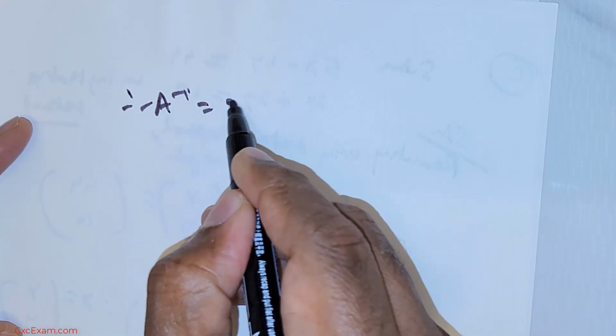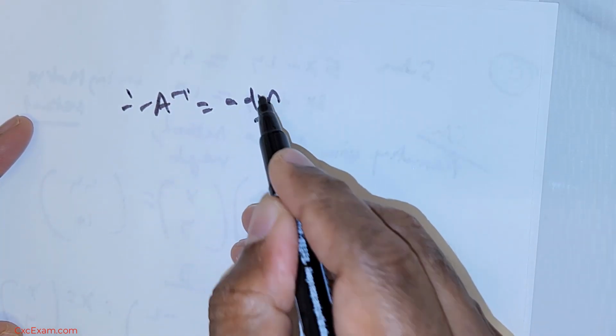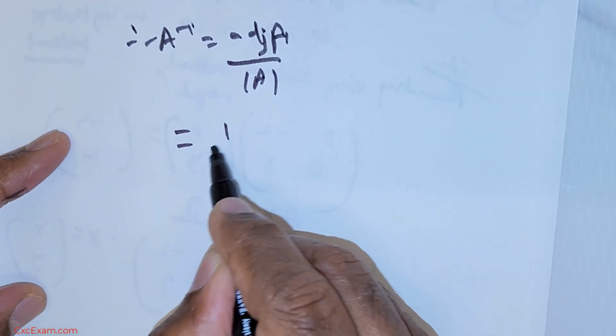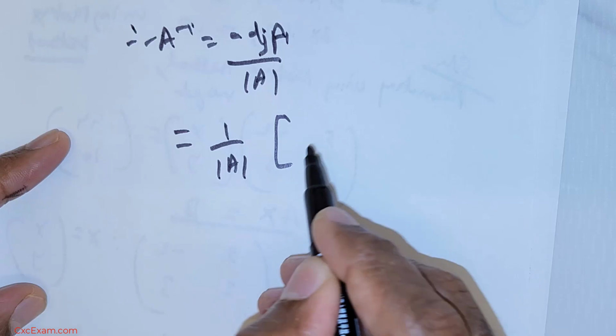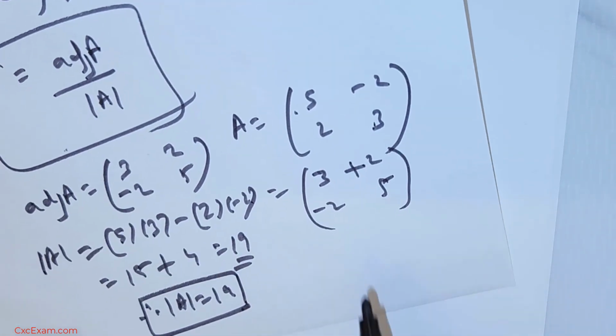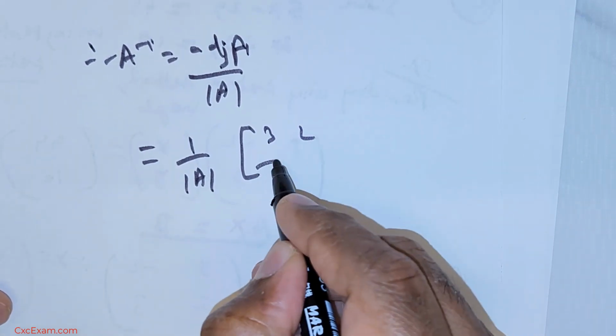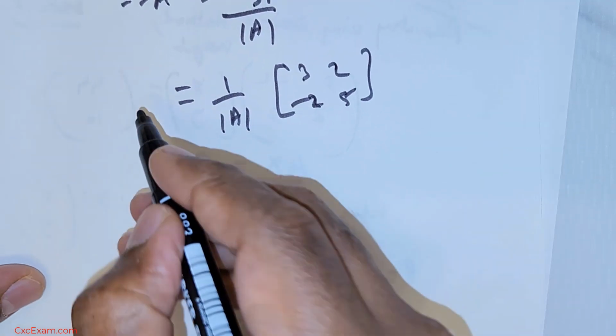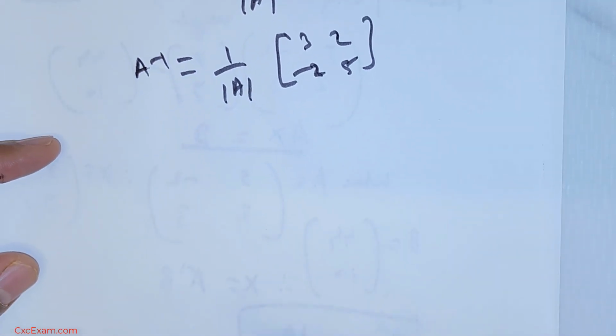So therefore A inverse is adjoint of A divided by determinant of A, which is 1 over determinant of A times the adjoint matrix [3, 2; -2, 5]. Okay, so this together gives me A inverse.